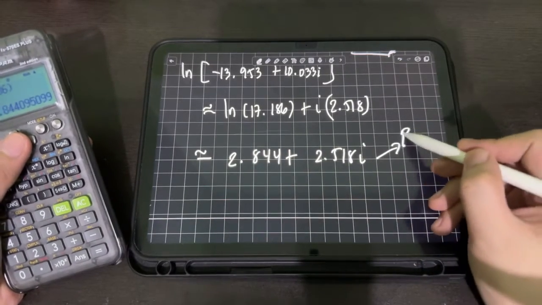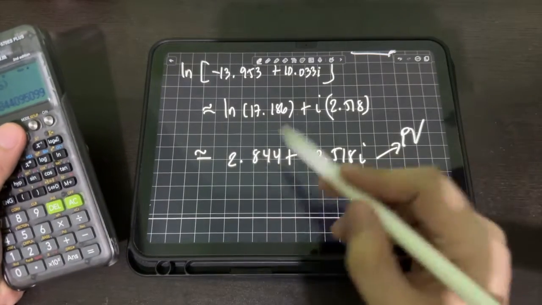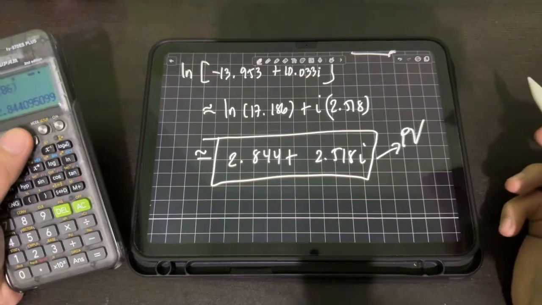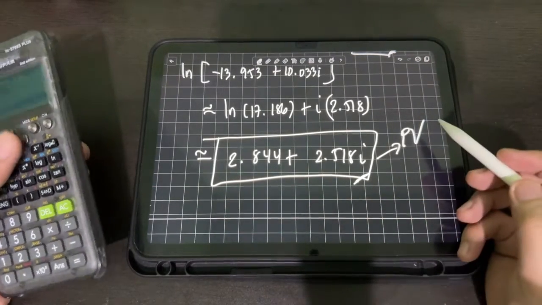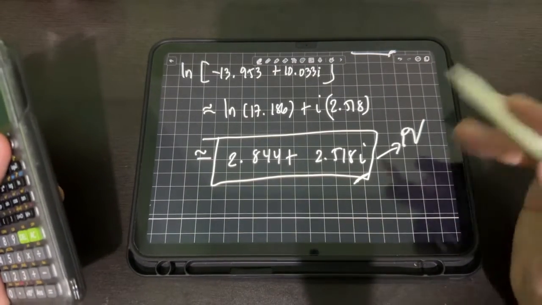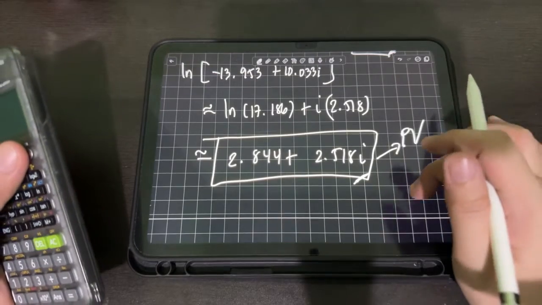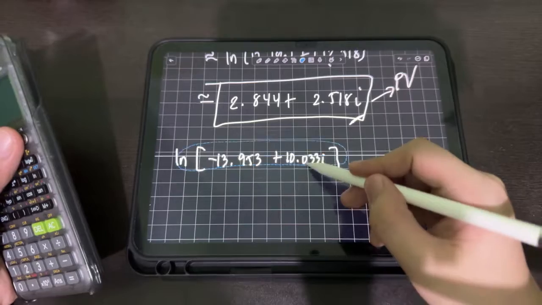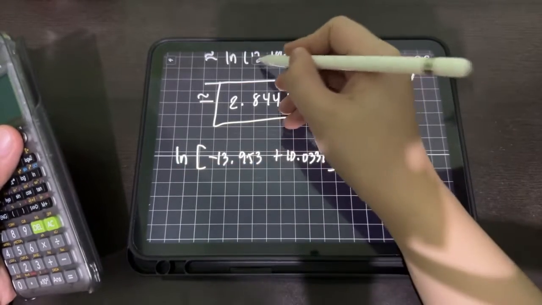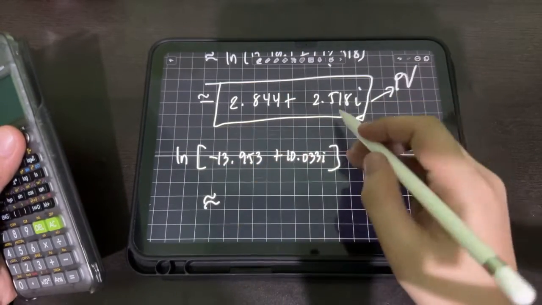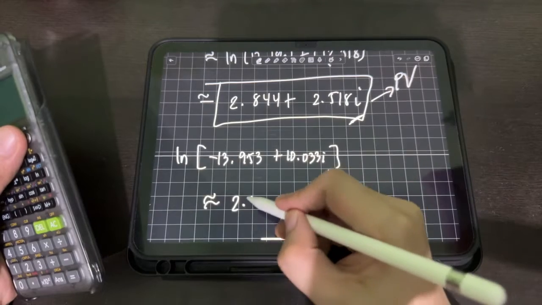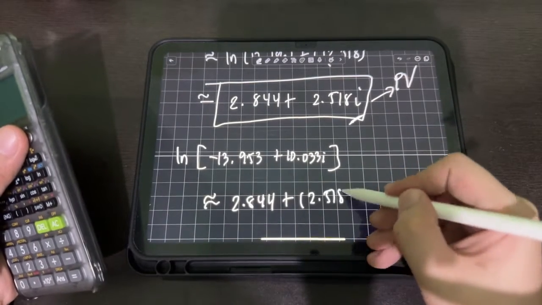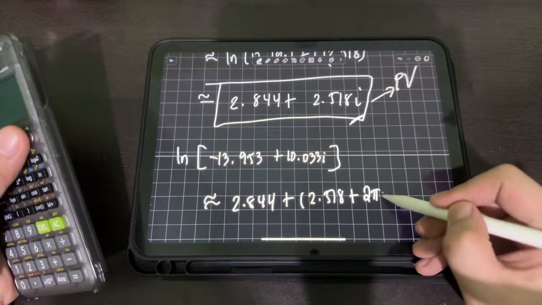So this is the principal value of the ln. Likewise, the principal value of the arccosh. So this is the final answer for the principal value for arccosh. This is for the second set of answer. You can also get the general value of this ln, approximately equal, so the same, 2.844 plus 2.518 plus 2 pi n.